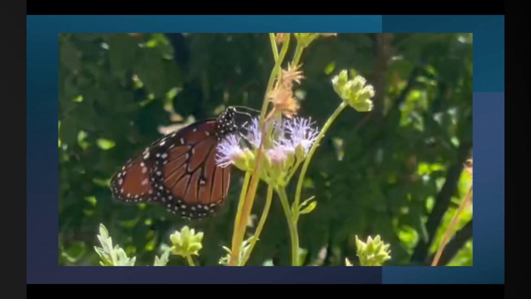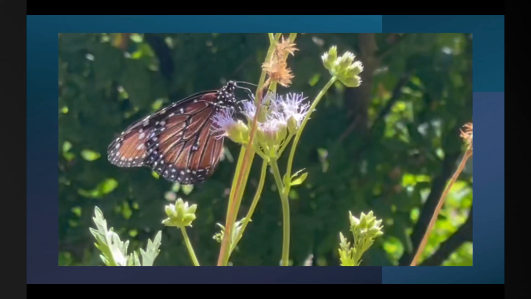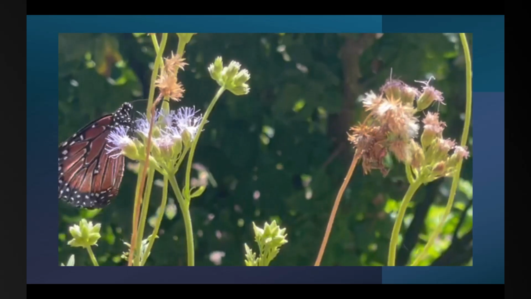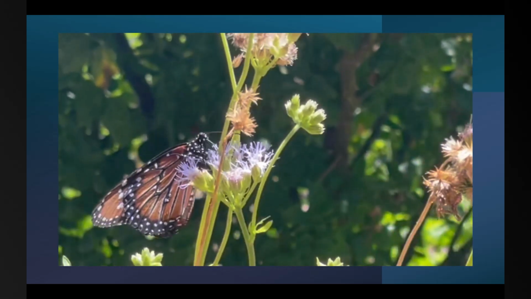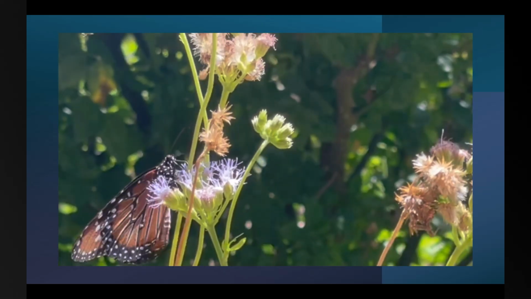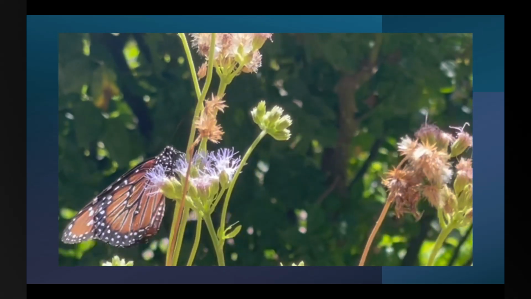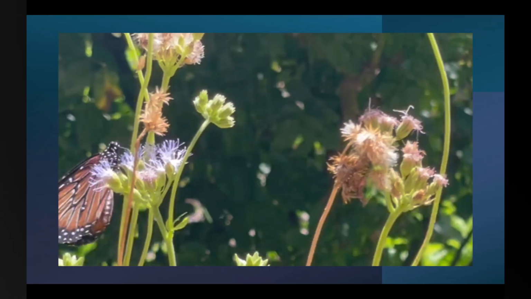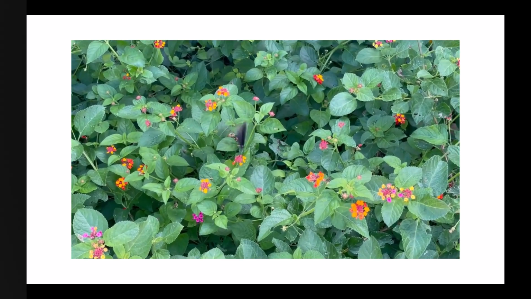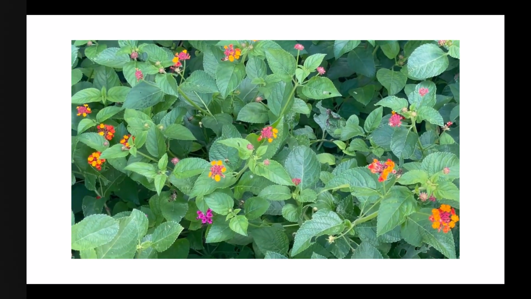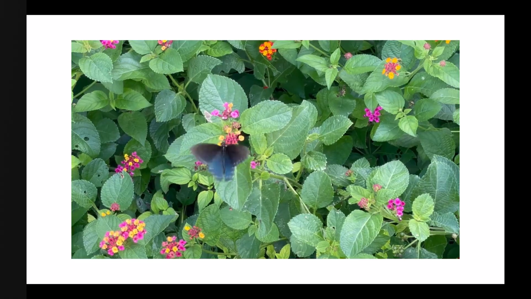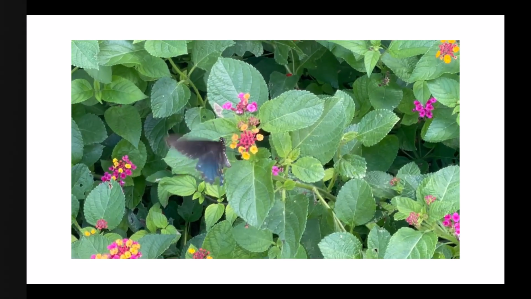And so you can see this butterfly's proboscis moving up and down as it moves into the nectary and drinks the nectar out of those flowers. Here's another butterfly visiting these little flowers, using its proboscis to go into those little holes to get to the nectar, just drinking nectar as it moves along.